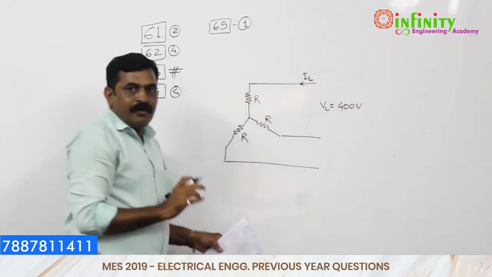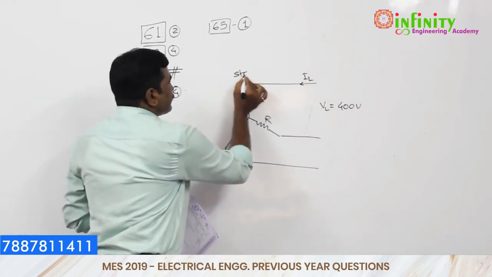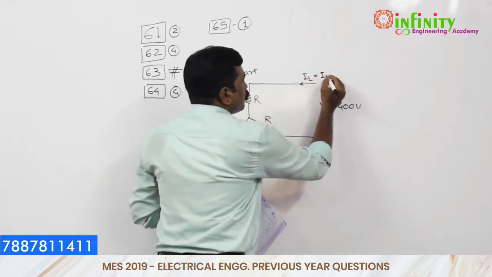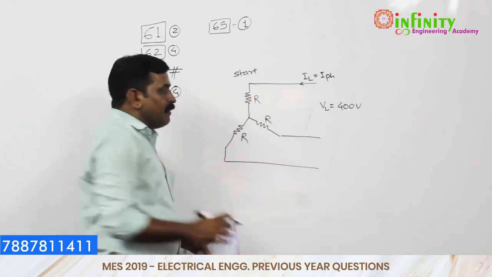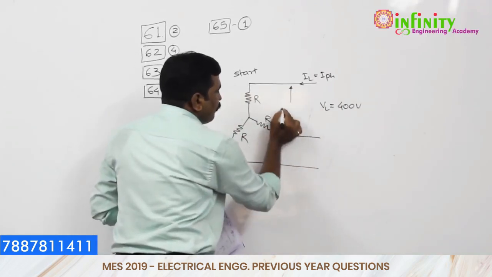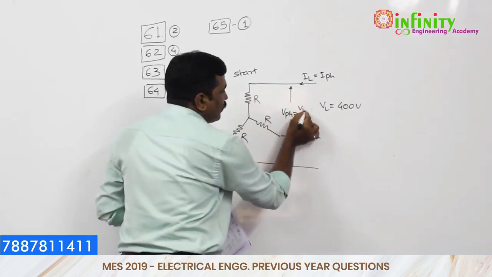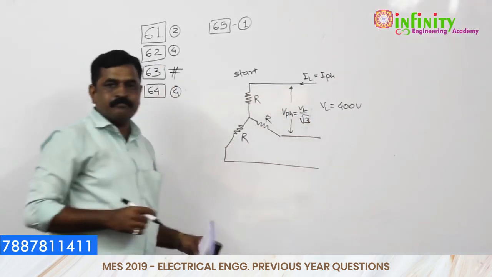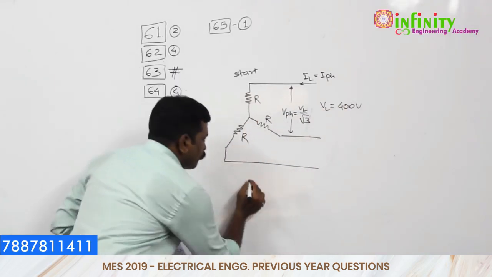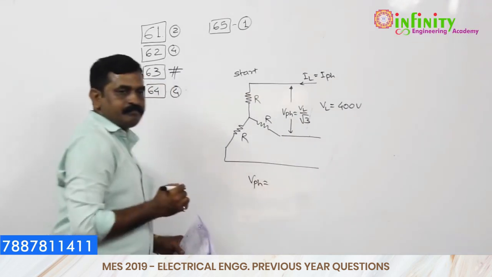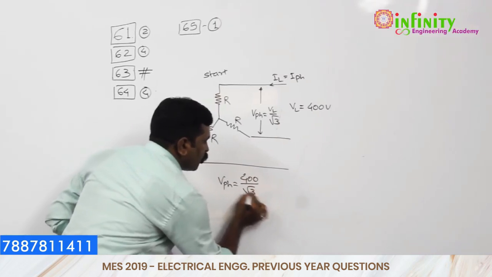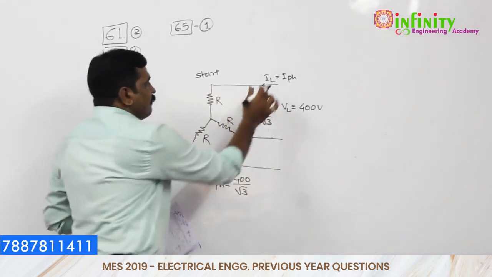But in this case, when we use a star connected three-phase supply, line current is always equal to the phase current. And line voltage and phase voltage are different. So here phase voltage is line voltage divided by root 3. If we put that particular value, VPH is 400 divided by root 3. And in the same manner, IL is there.